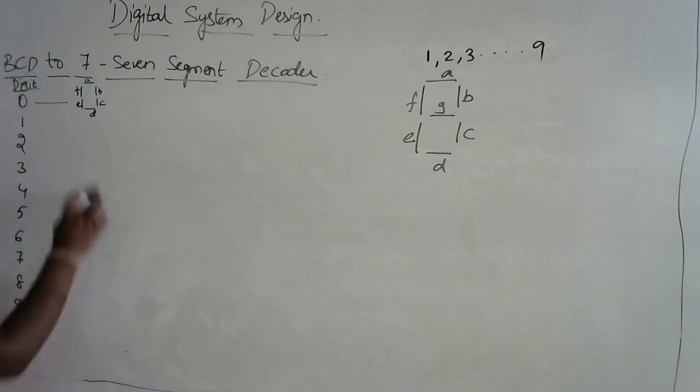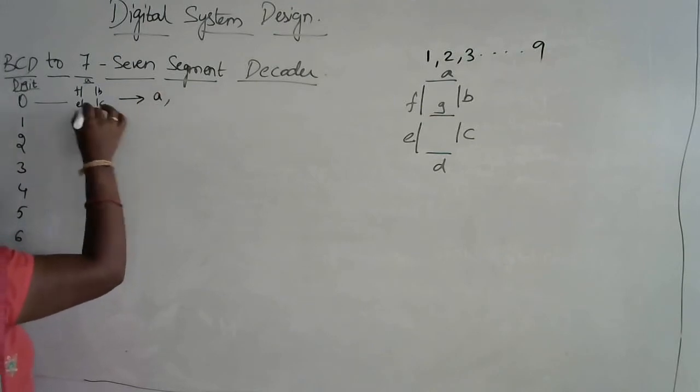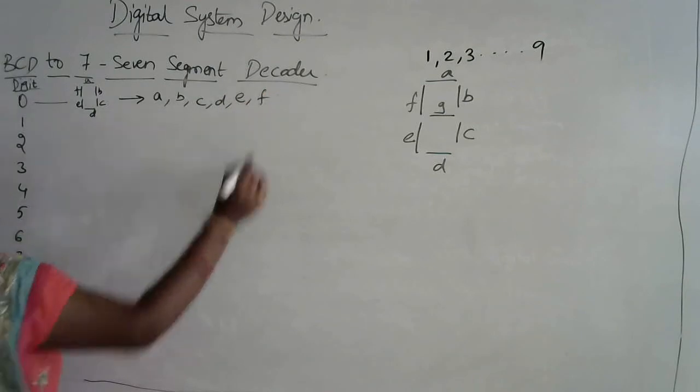Except G, all the remaining segments are equal to 1. So the values present here are A, B, C, D, E and F.